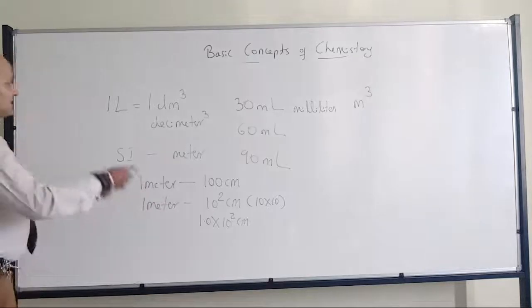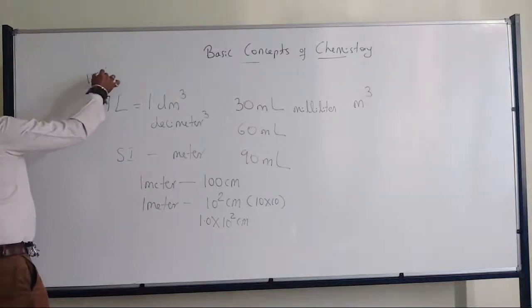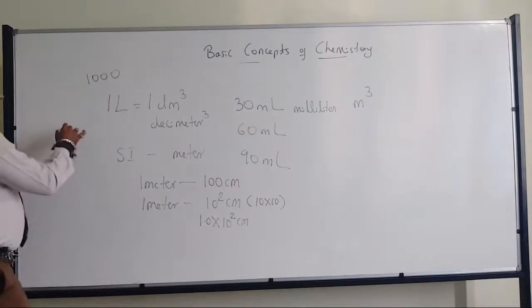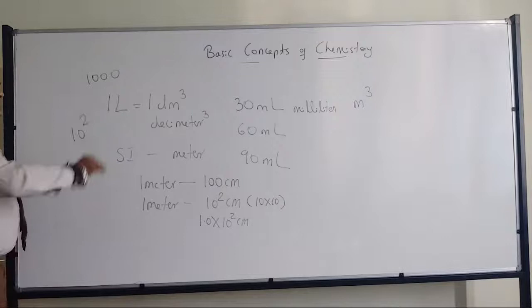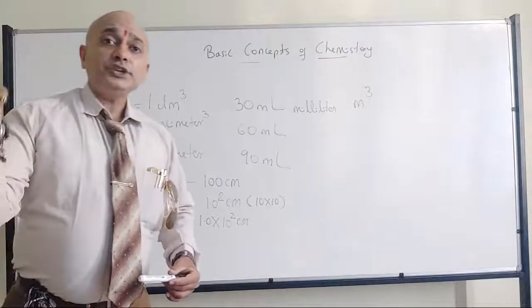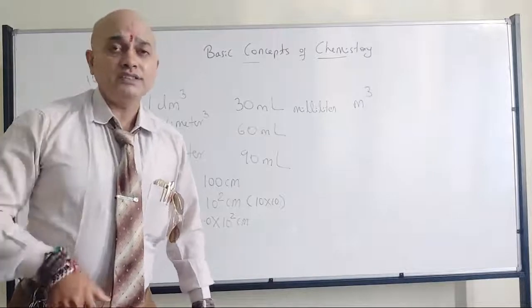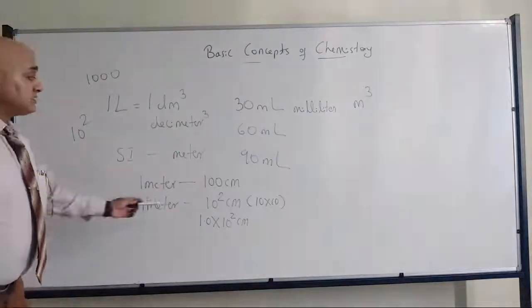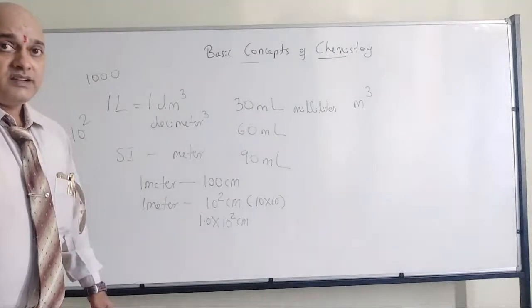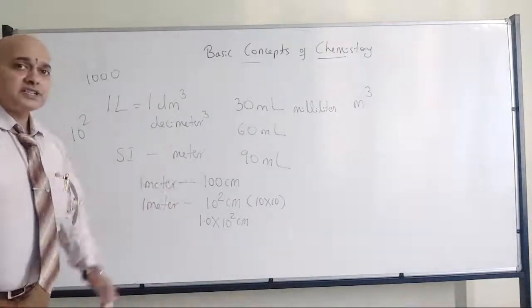Because in urgency I can make a mistake and write 1000, which would be wrong. To make it very accurate, I mention 10 to the power of 2. There is no question of adding or removing a 0 by mistake. So that's where scientific notation plays an important role. All of you have understood?